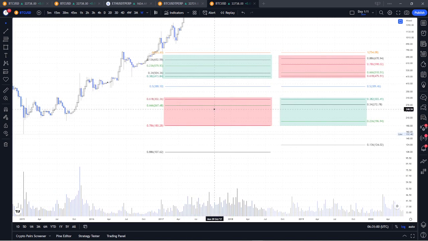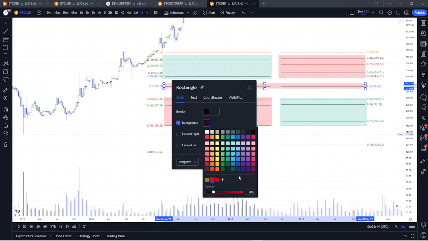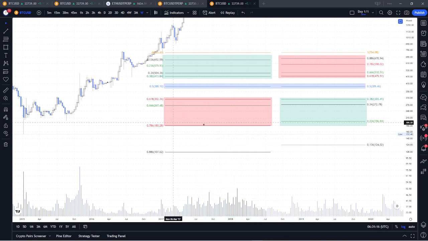So this 0.50, the 50% of the Fibonacci, will always be your equity in the range. When you are placing your Fibs, this acts as an equity.